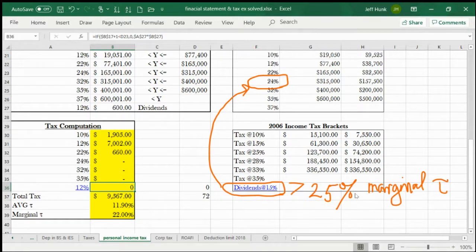So if you're just above 24%, look, the 24% bracket is up to 350,000. People in the top 1% would be making at least 0.5 million, or 500K a year.